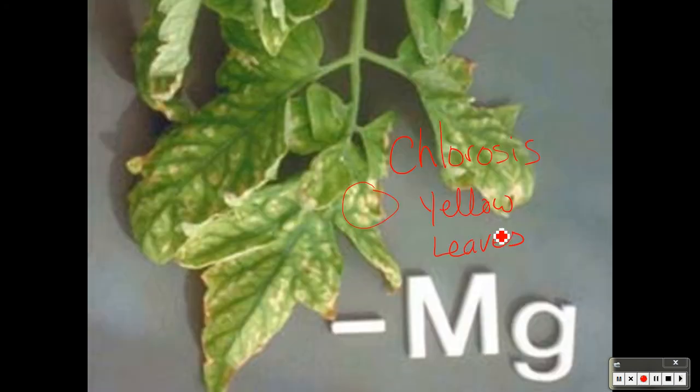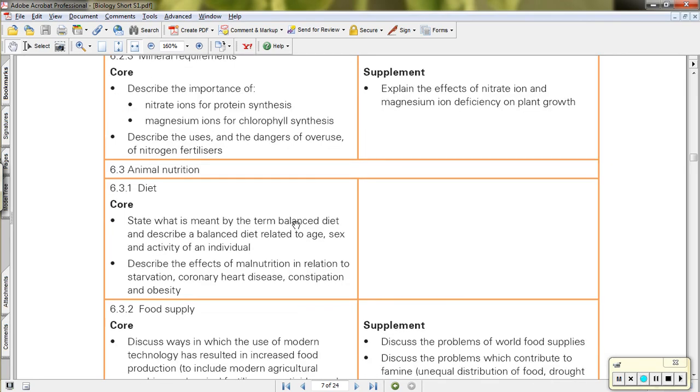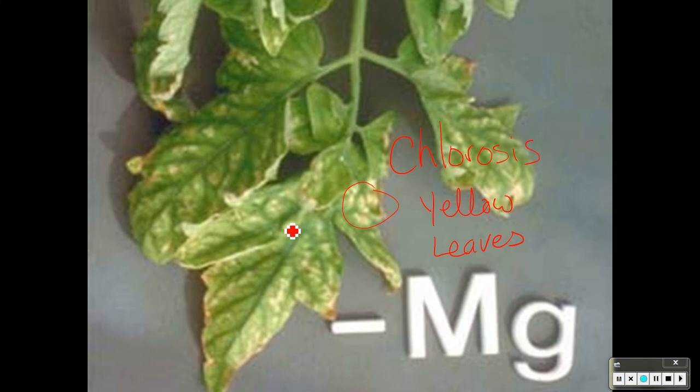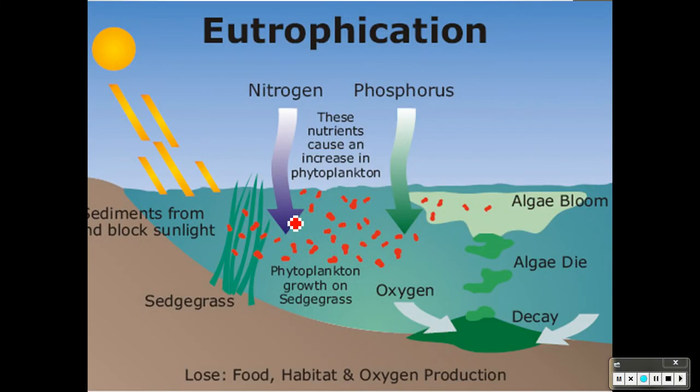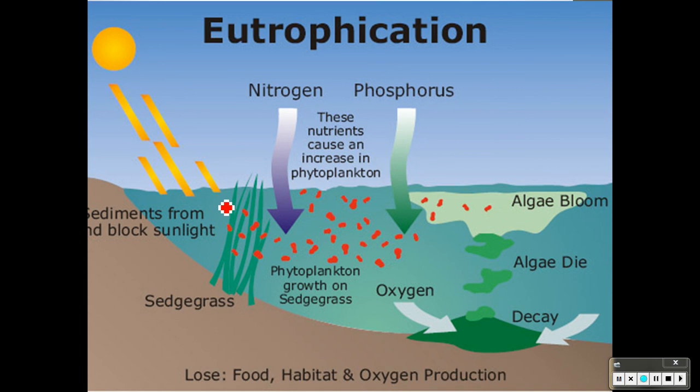And there should be one for the lack of potassium as well, but it's not in the syllabus, so I'm not even going to go crazy. But that results in small flowers and fruits. Okay? So there is a problem with fertilizers, and that's if they wash into standing water.